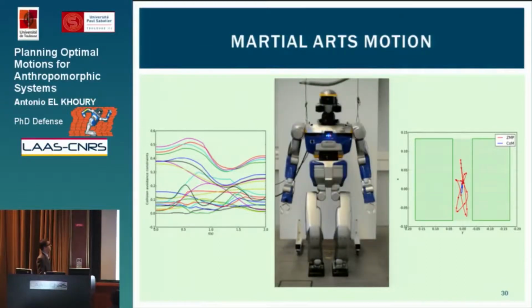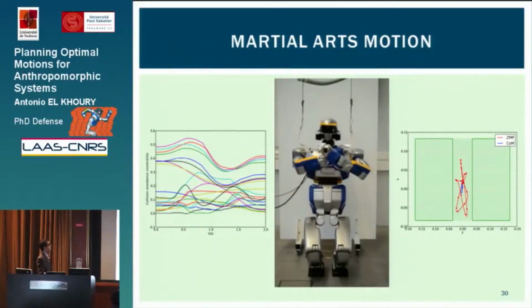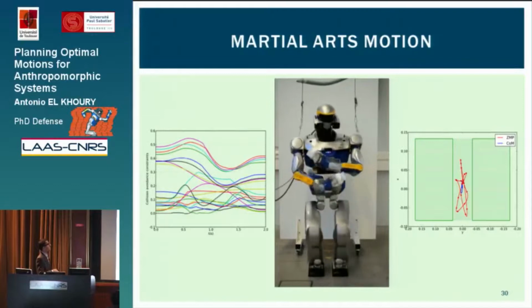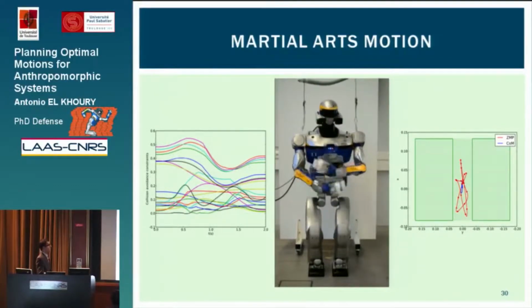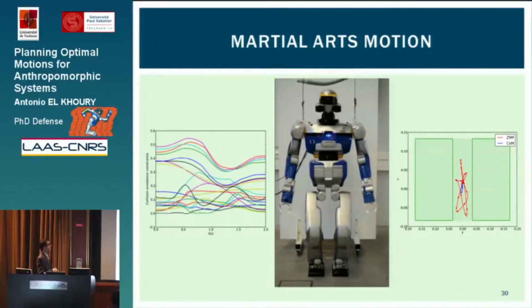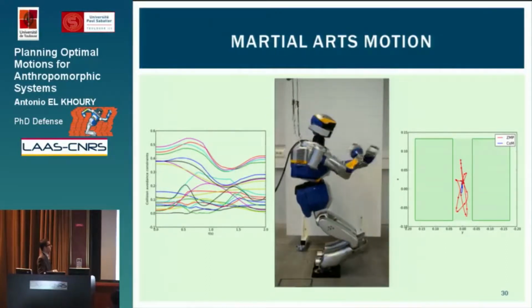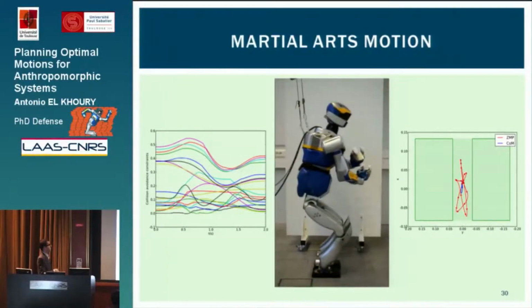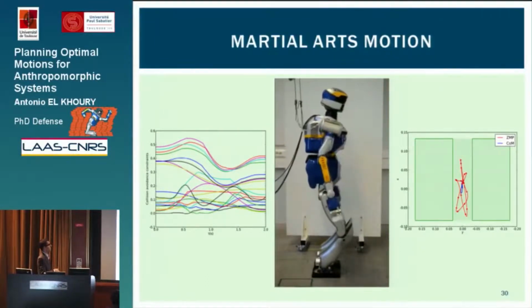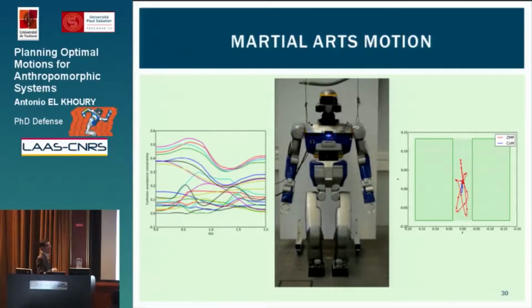Here we have a first example where we planned a path using a constraint planner, and then we rely on MUSCOD to solve the optimal control problem that I showed earlier. It's interesting to mention that this motion is run in real time, so there was no acceleration. The motion is really fast.